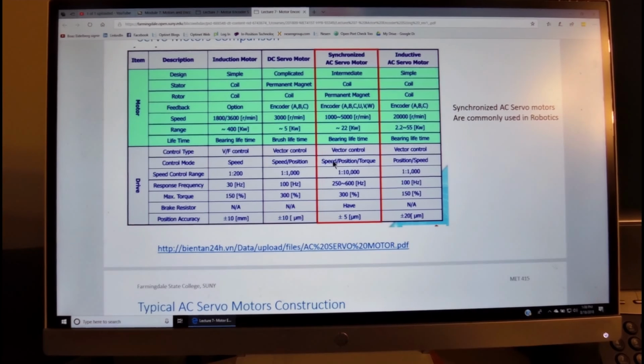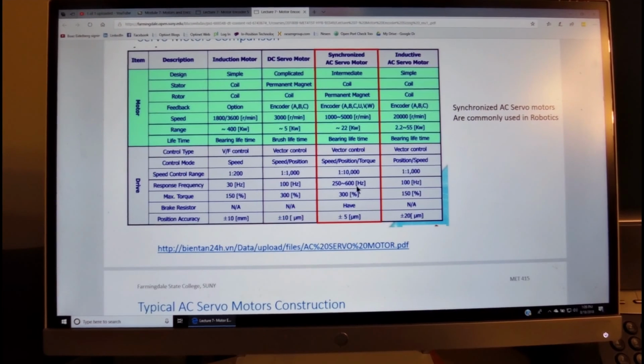It has speed, position, and torque control, and it's the winner as far as precision, and it has a very high bandwidth. It can go up to 300% of the maximum torque in terms of the supplied current. It takes about 1 second to burn a hot coil if we run at 300% rating within 1 second.